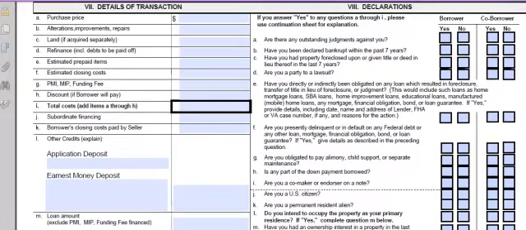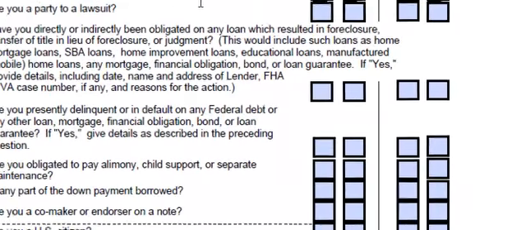Finally, there's the exact details of the transaction in terms of where the money goes when the borrower brings a down payment in. There are these declarations. Then I'm looking at number 8, are there outstanding judgments and things like that. Again, that can be verified by running a credit report.